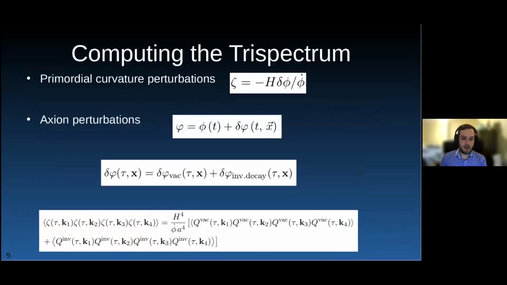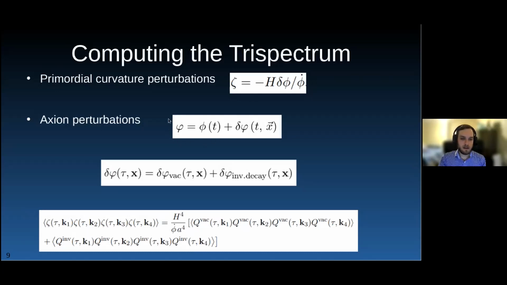So we want to relate this parity violating interaction during inflation to the parity violation that we observed in the large scale structure. And the way to do that is by computing the 4-point correlation function, or its Fourier space analog, the trispectrum, of the primordial curvature perturbations, zeta, which can be written in terms of perturbations in the inflaton field phi.